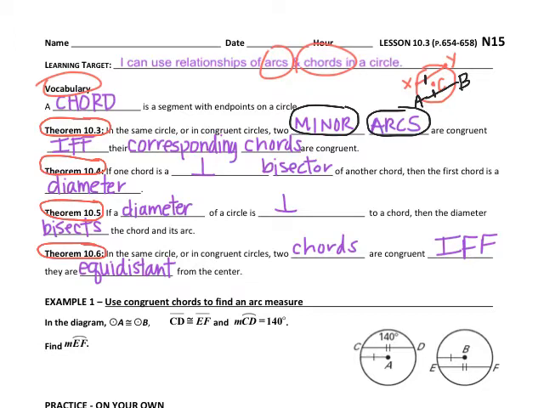An arc is the distance on the circle. So if the segments AB and XY in the circle are congruent, then the minor arc AB is going to be congruent to the minor arc XY.